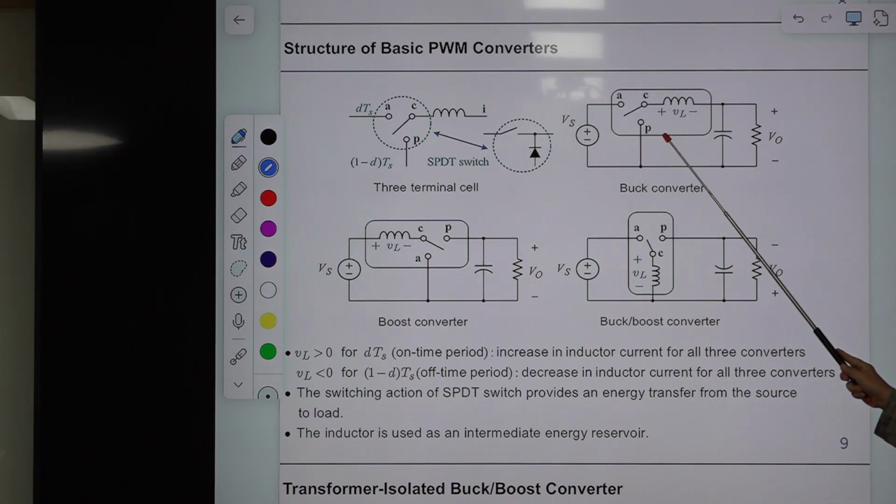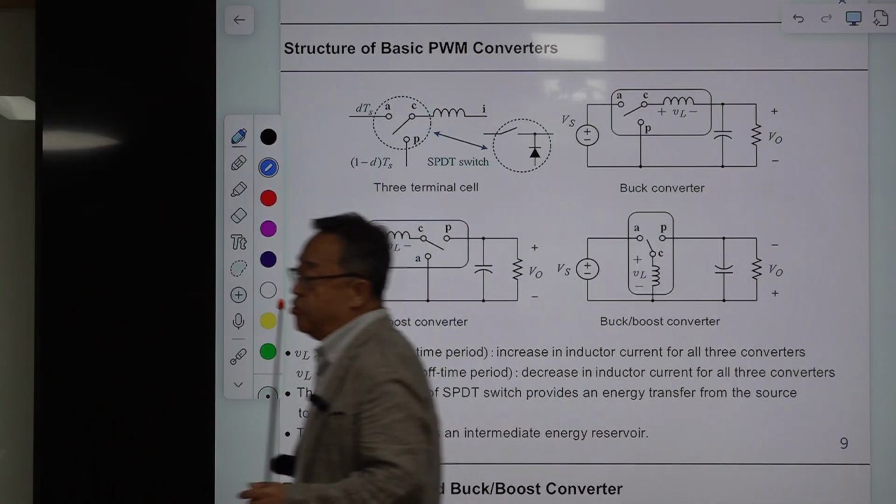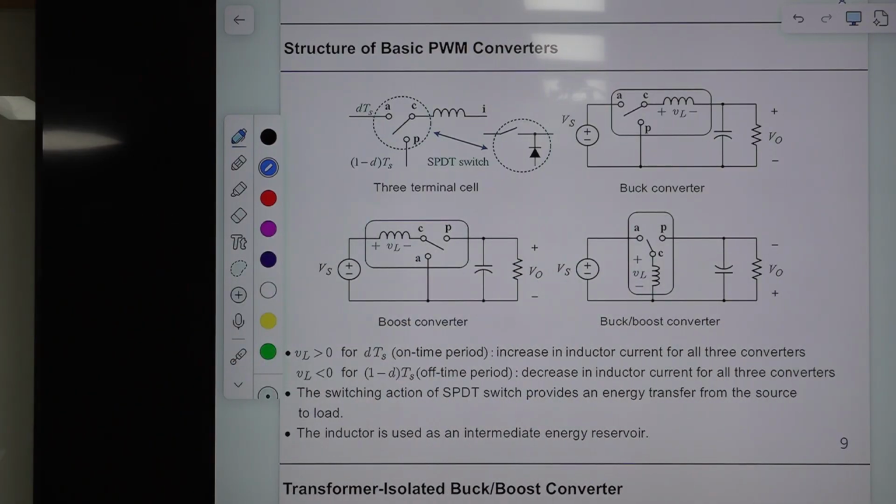In the buck converter, this cell is right here. This is the buck converter, and you know that the output voltage is always smaller than the input voltage. That is the feature of the buck converter.